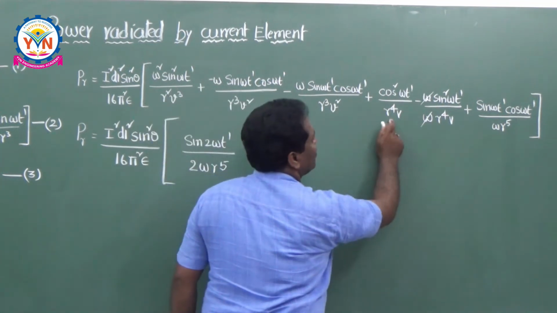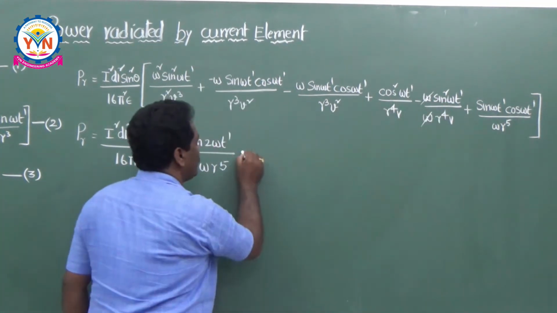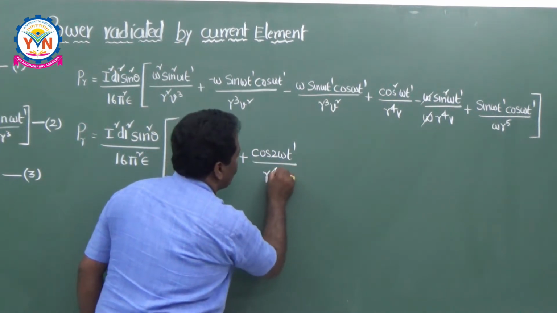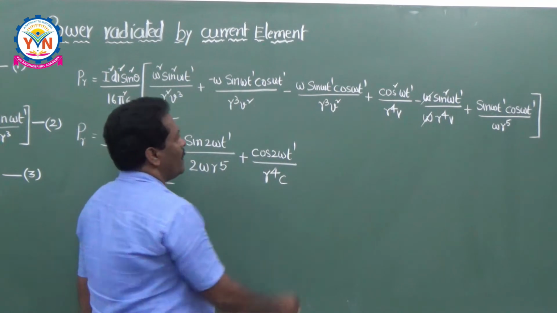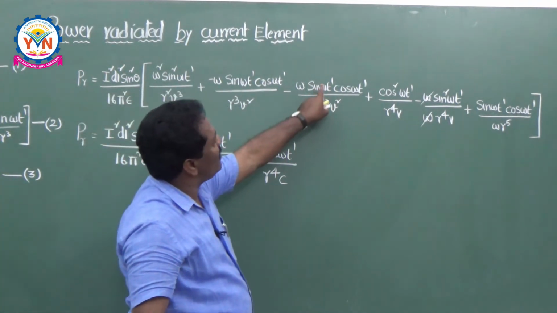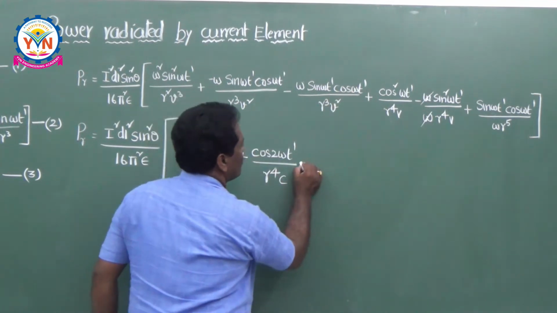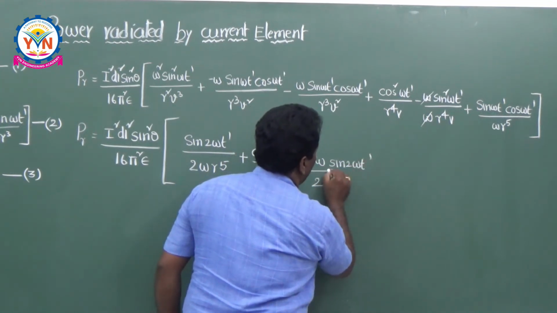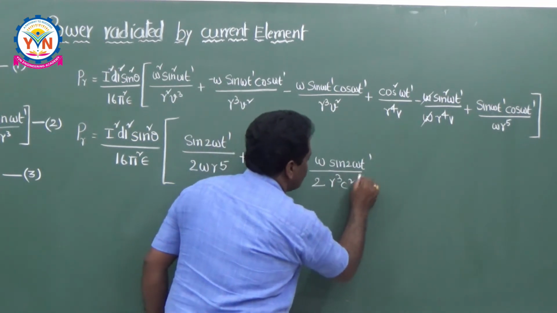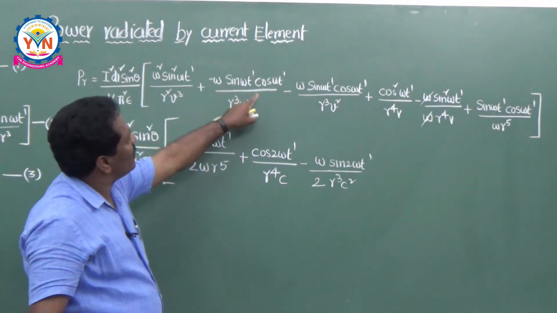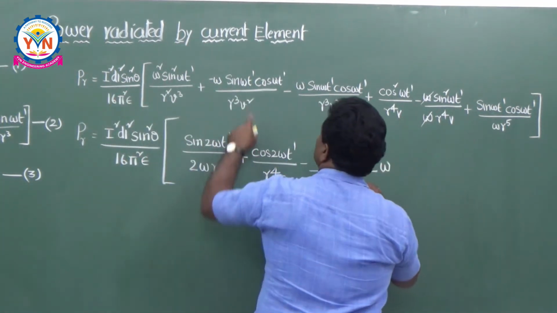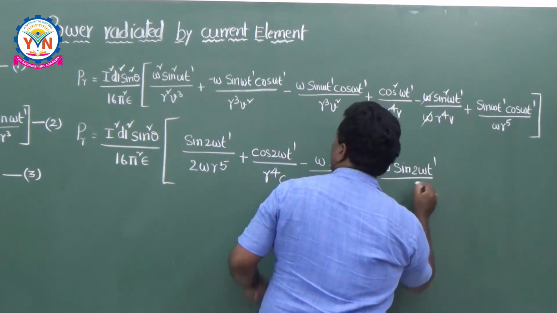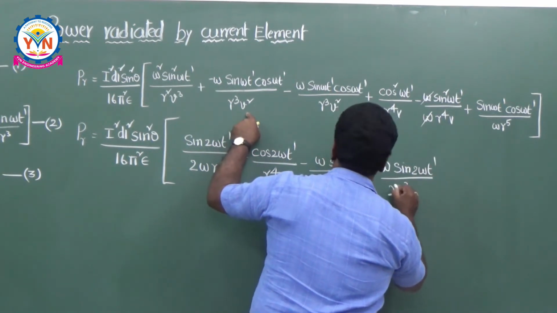And if you see these two expressions, cos square theta minus sin square theta means cos 2 theta, cos 2 omega t dash divided by r to the power of 4 into the velocity, light velocity c, plus, if you take sin omega t dash cos omega t dash, it is also minus omega by 2 sin 2 omega t dash divided by 2 r cube c square, and this one is also sin 2 theta, that is minus omega sin 2 omega t dash divided by 2r cube into c square.